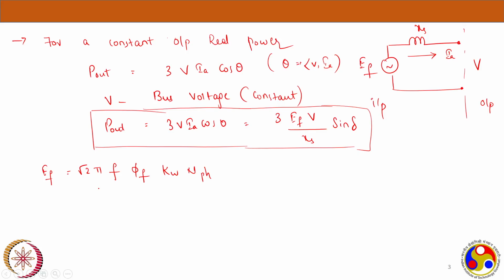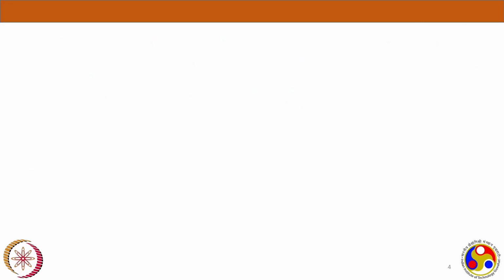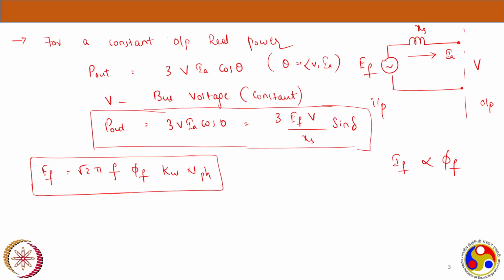Here we are varying the field current IF in the rotor circuit. Without changing the input or output power, since we have fixed the steam input and the output is also fixed, we are varying the excitation. Since I am varying my field current IF, it is directly proportional to phi f, so the field flux will also vary with the field excitation.